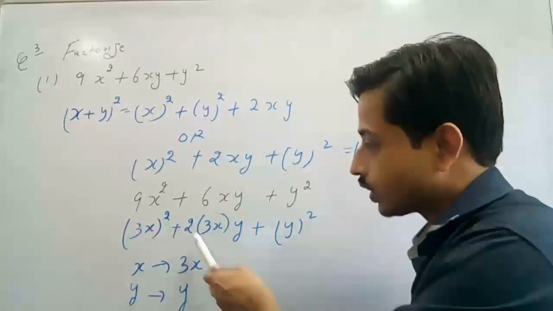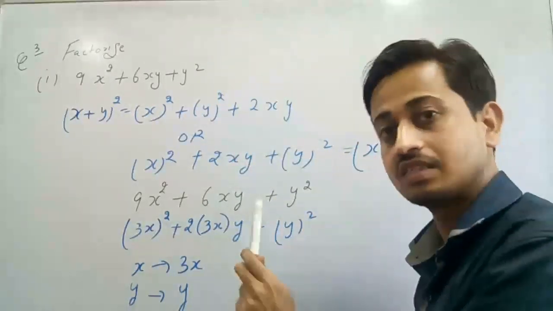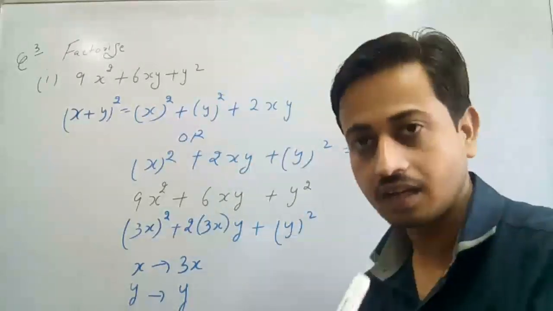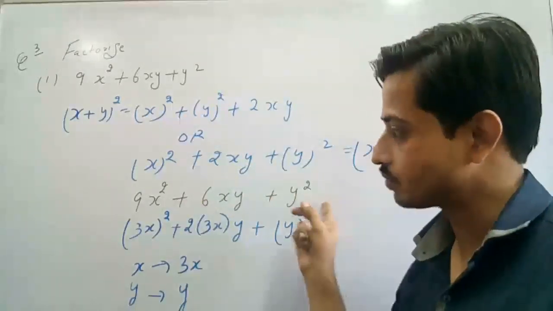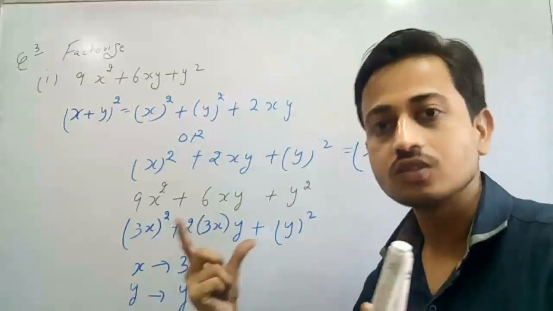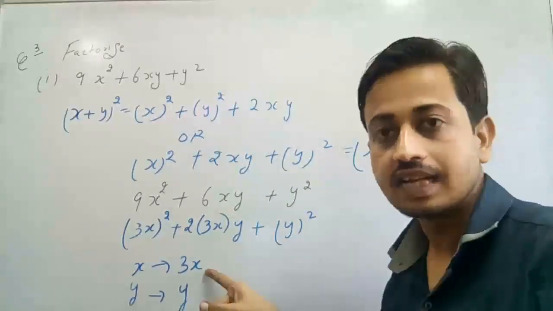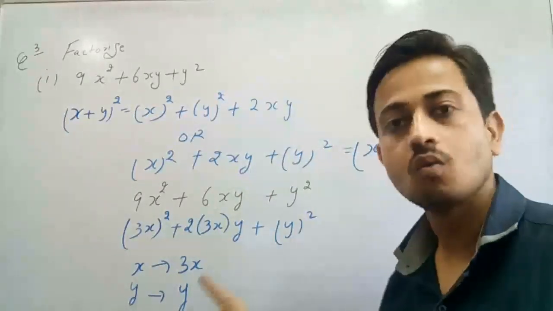Now solve. 2 into 3, 6. We get 6, x into y, xy. It means we get the desired terms. So these terms look like x plus y whole square. The difference is that x is replaced by 3x and y is replaced by y.